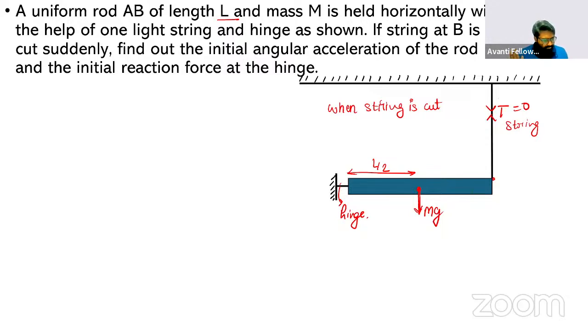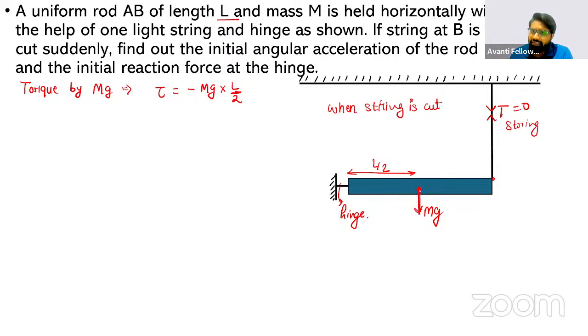If you want to take the clockwise sense as negative, you can take it negative, but then you have to consider the anti-clockwise sense as positive. So I'm considering it as negative. So the torque by mg is given by minus mg into L by 2. Here I'm not using vector notation because the length is perpendicular to mg.